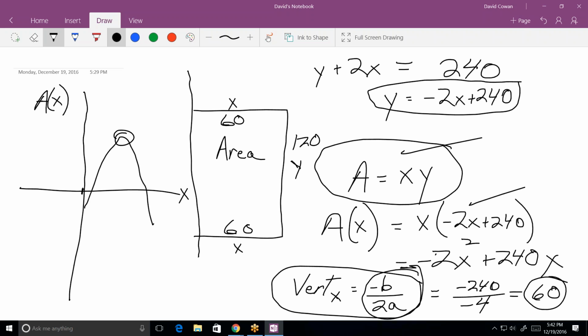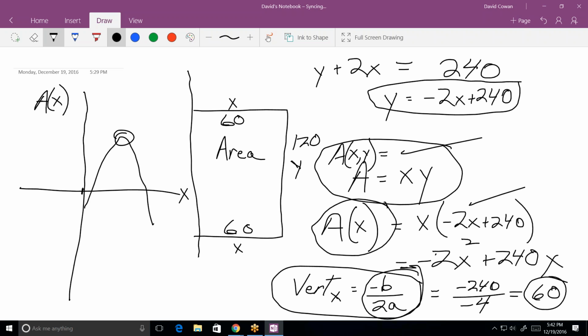Then I have a function of x. That's what A of x means: I'm only going to find x. I could not have written A of x here; it would have had to be written A of x comma y, because there are two variables on the other side, x and y.